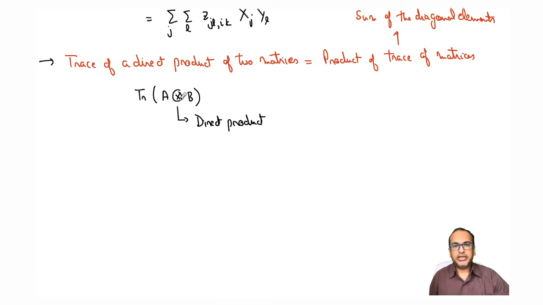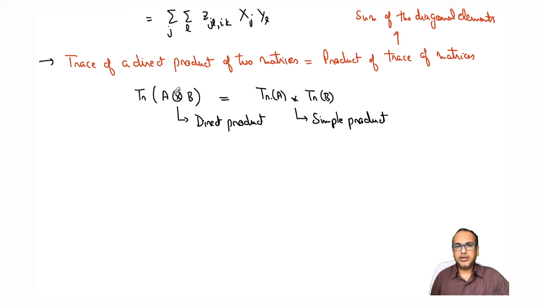So we are saying that the trace of the direct product of two matrices, matrix A and matrix B, is equal to the product of trace of A into trace of B. Now notice that this multiplication is a simple product, because these are just numbers. Numbers can only have the simple product, whereas two matrices have a normal matrix multiplication or a direct product, right? So this is a direct product.